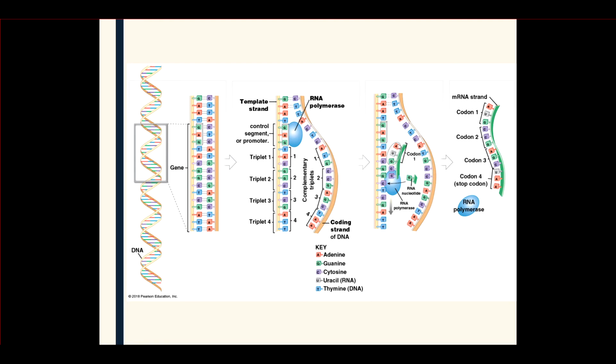And remember, the other important thing is as you make the copy here, that there is no thymine in RNA. We always have to replace the thymine with uracil, right? Normally A would go to T on DNA, but since we're making RNA, A becomes a base pair of uracil.